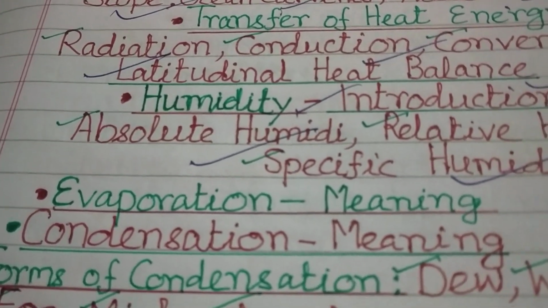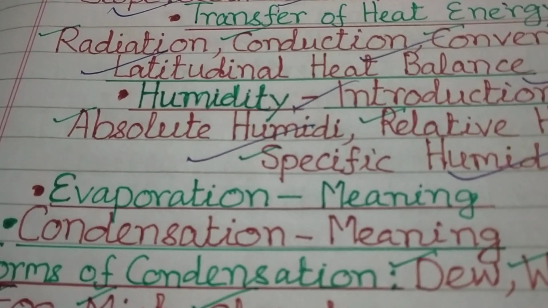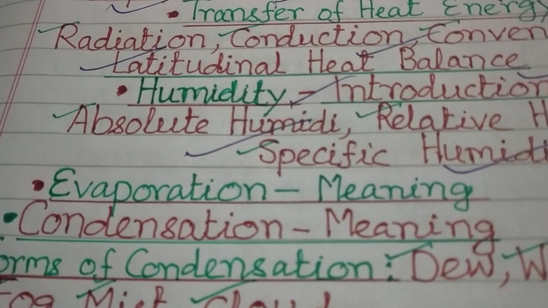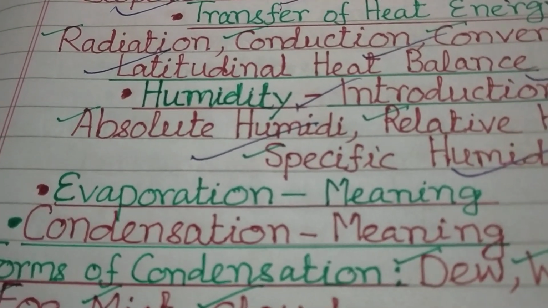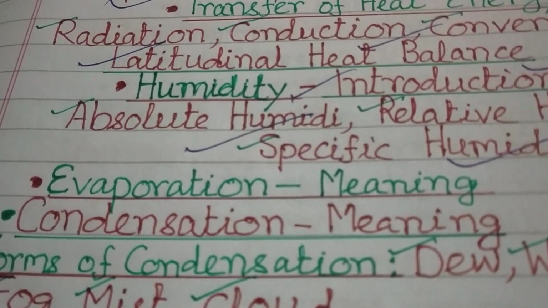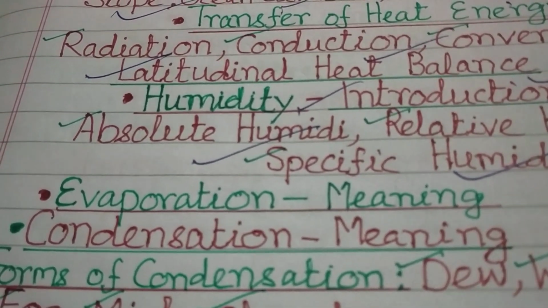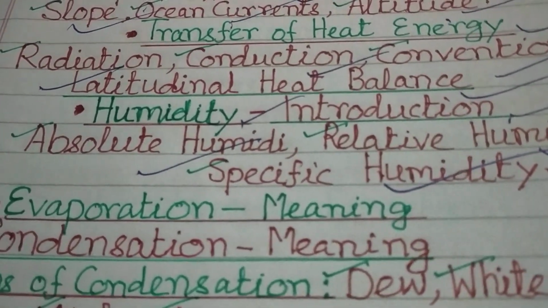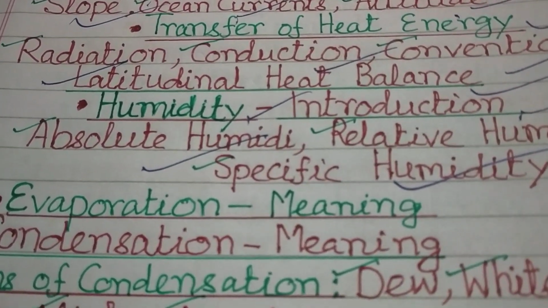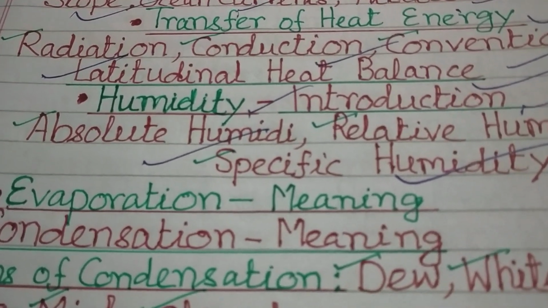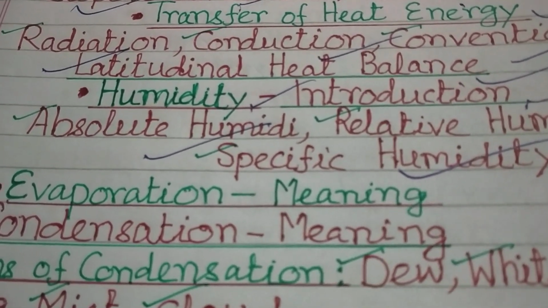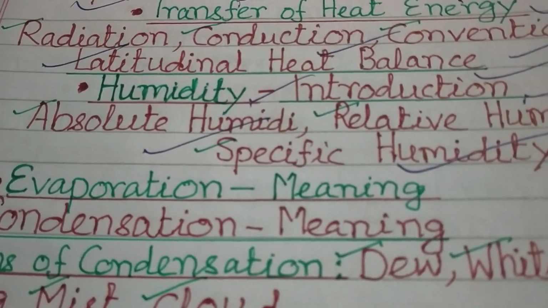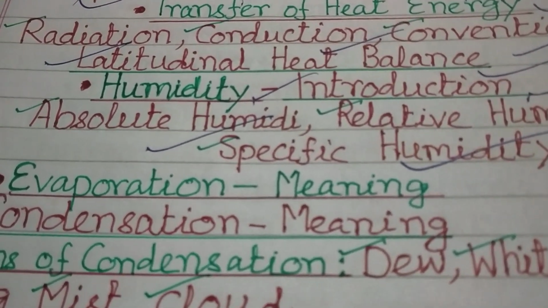Now the meaning of absolute humidity: it is the weight of the actual amount of water vapor present in a unit volume of air. It is usually expressed as grams per cubic meter of air.